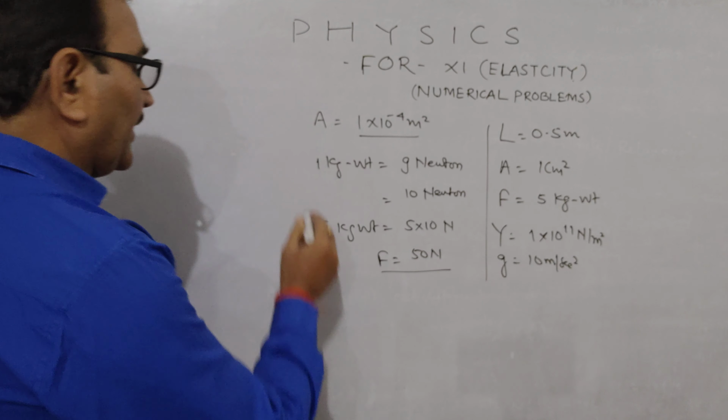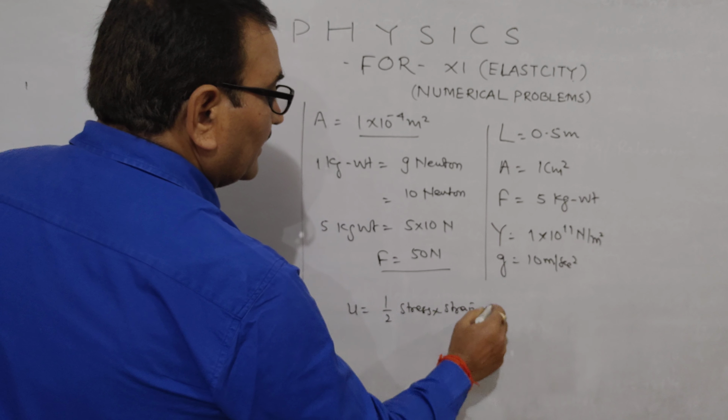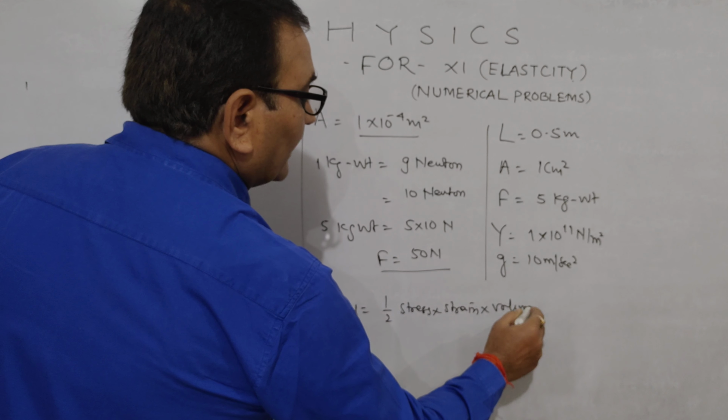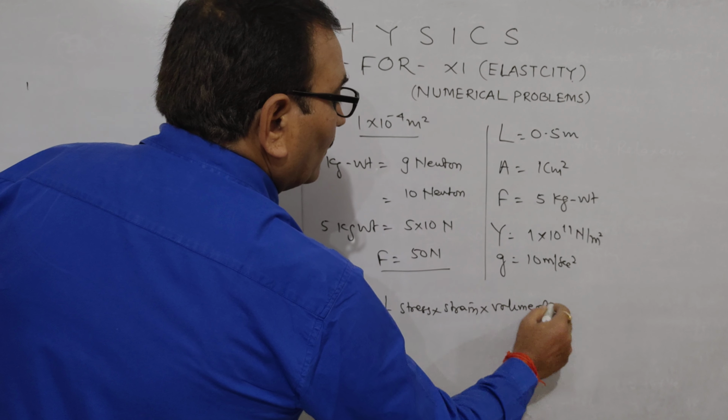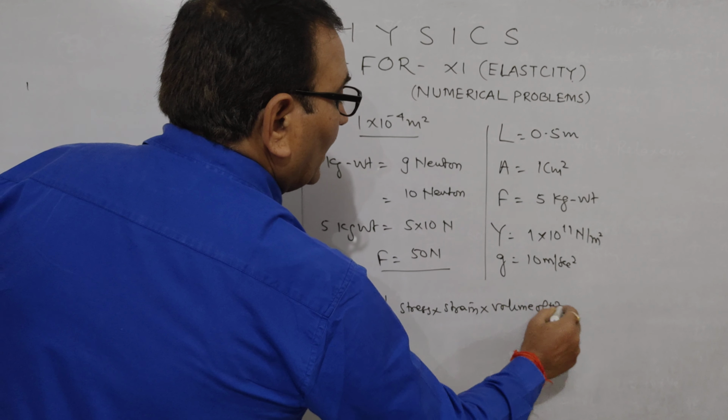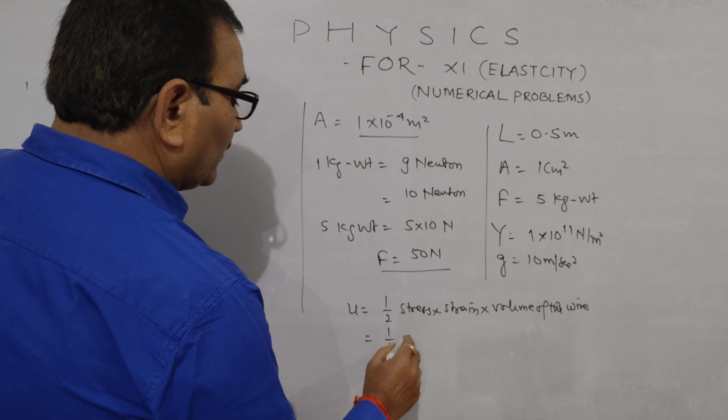Now you have to calculate the elastic energy. You have the formula U equals 1 upon 2 stress into strain into volume of the wire. You formulate this according to the given data.